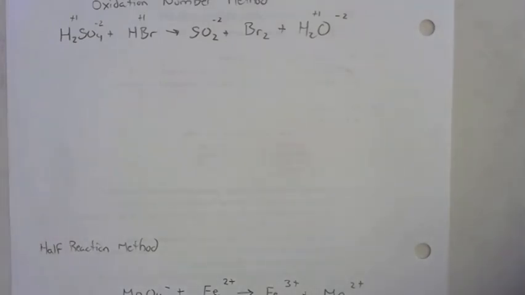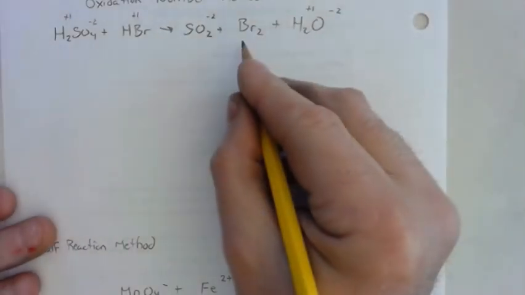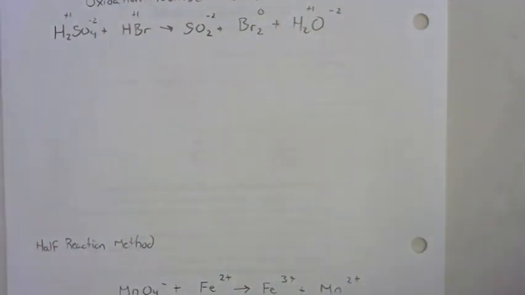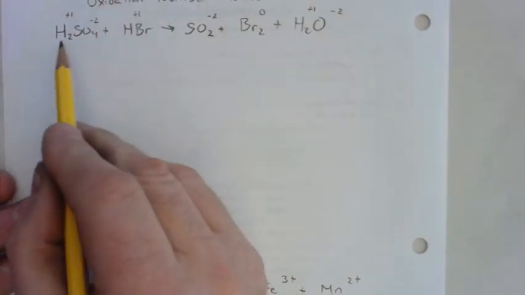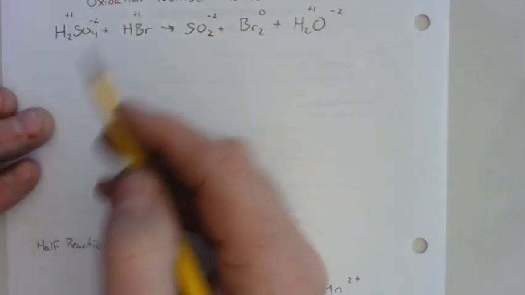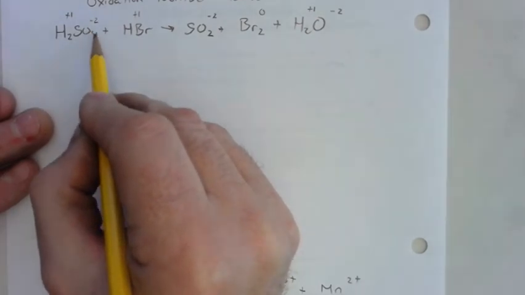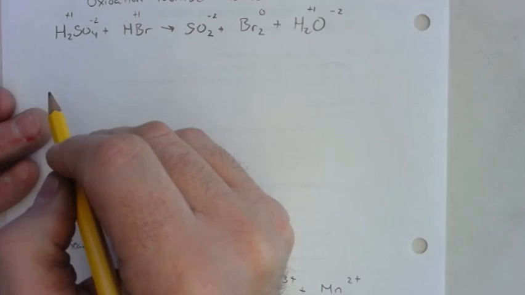And then basically there is a pure element. Sorry, that's 0 there for the bromine. And then we can go to rule number 6, because all the rest of these are compounds, and the oxidation numbers for compounds have to add up to 0, and therefore we can figure out what's left over. So here we have -8 plus 2 is -6.